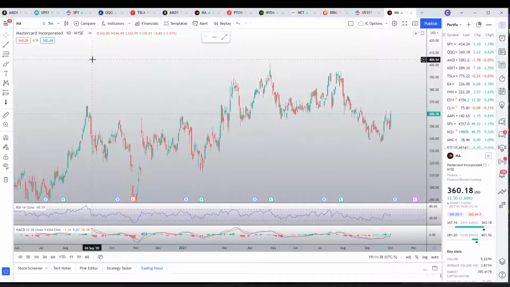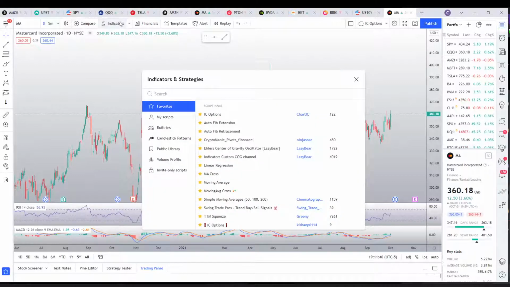There are a lot of other indicators. You can go here and add a lot of indicators for support and resistance. For example, we built our own IC script. In that itself, it's already pre-added with support and resistance on it.